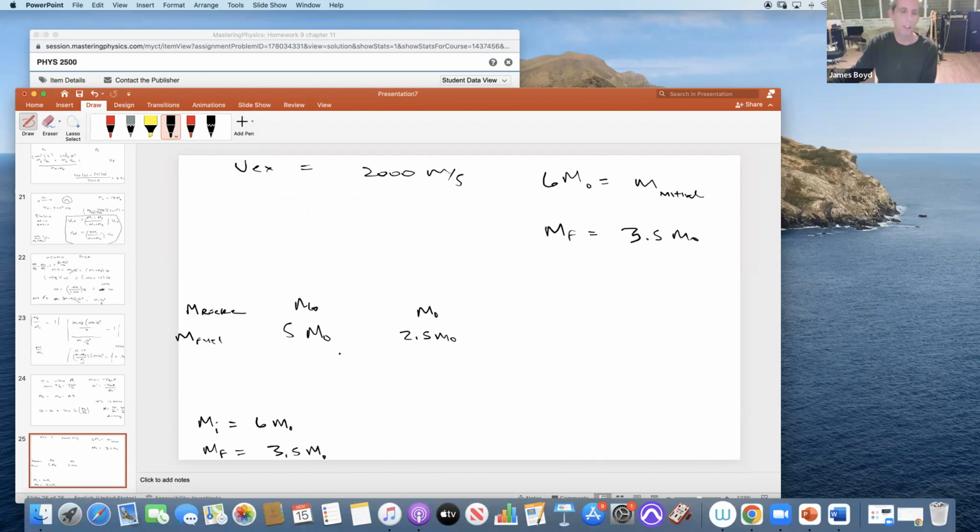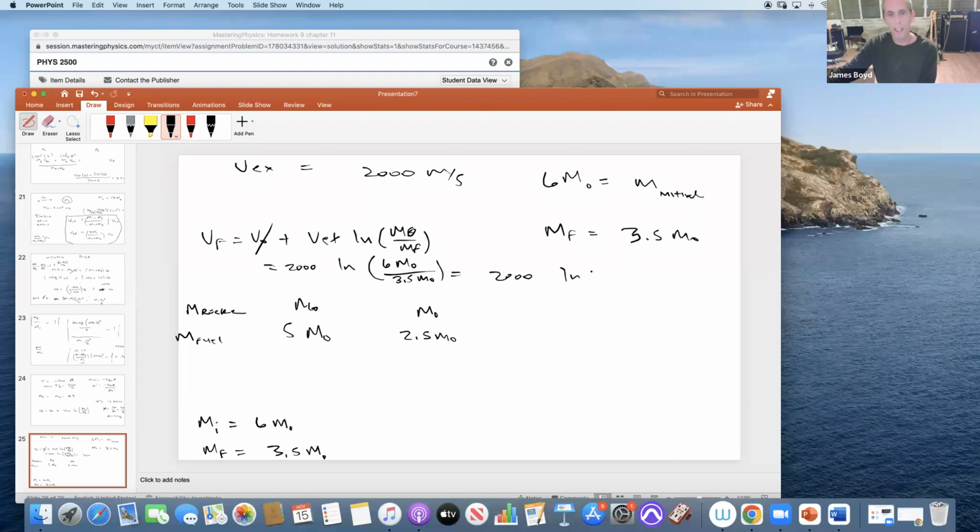All right, so mass initial will be 6 m naught, and mass final will be 3.5 m naught. V final is V initial plus V exhaust ln of mass initial over mass final. This is 0, this is 2000. So we have 2000 times ln of 6 m naught over 3.5 m naught, or 2000 times ln of 6 divided by 3.5.